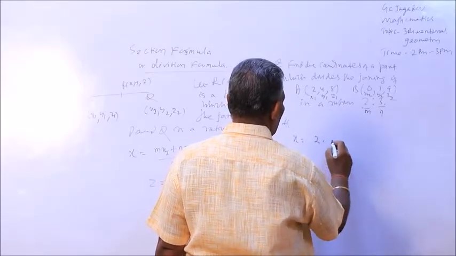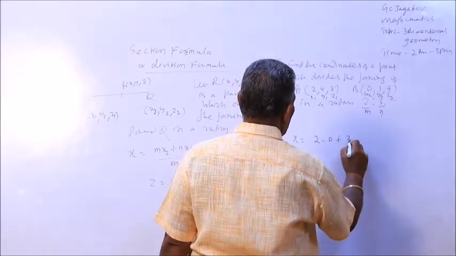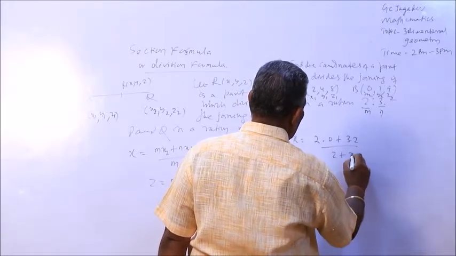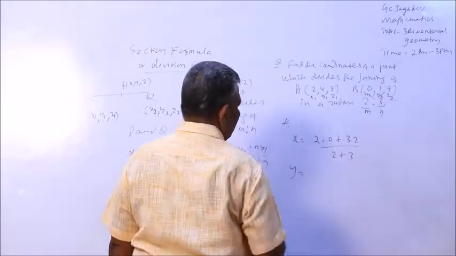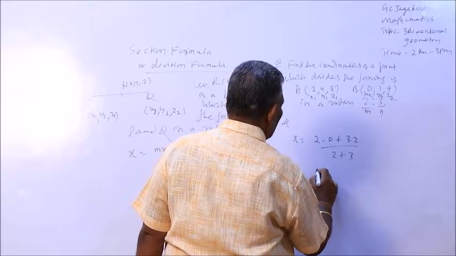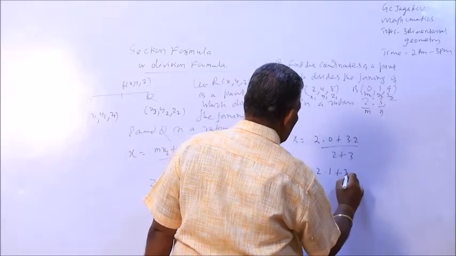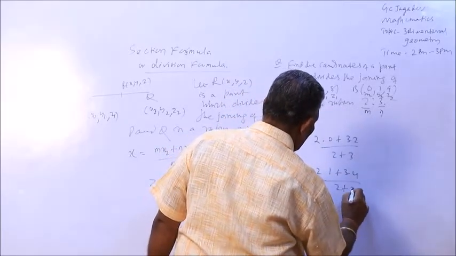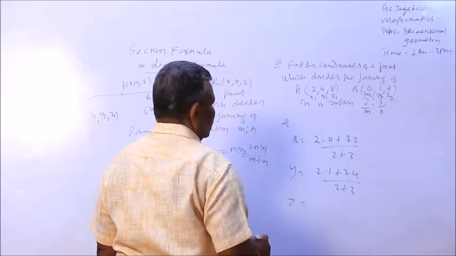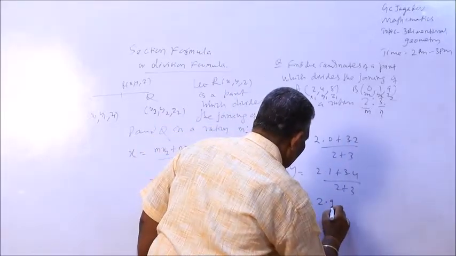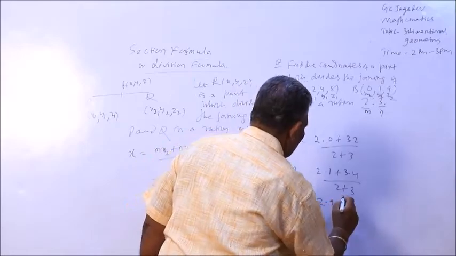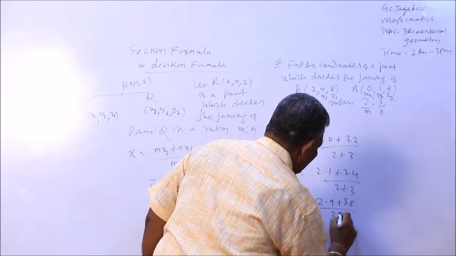(2 into 0 plus 3 into 2) by (2 plus 3). Y equals (2 into 1 plus 3 into 4) divided by (2 plus 3). Z equals (2 into 9 plus 3 into 8) divided by (2 plus 3).